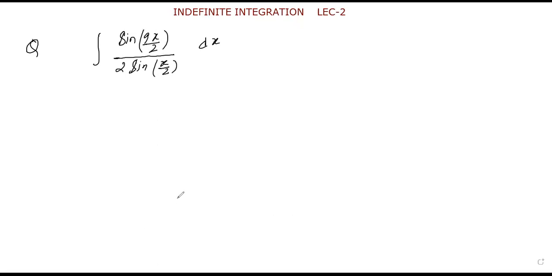So how to approach this problem? As per our prior discussion, we have to convert this integrand into the simplest form so that we can use our standard formula.